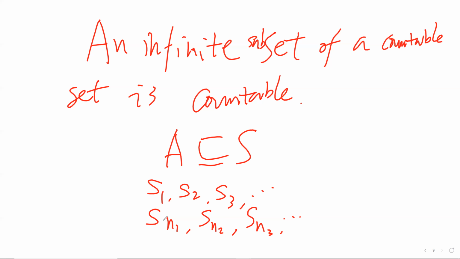That means this sequence is also infinite, but it maps exactly to the integer set 1, 2, 3, 4, and it is bijective. The first integer maps exactly to that first element.